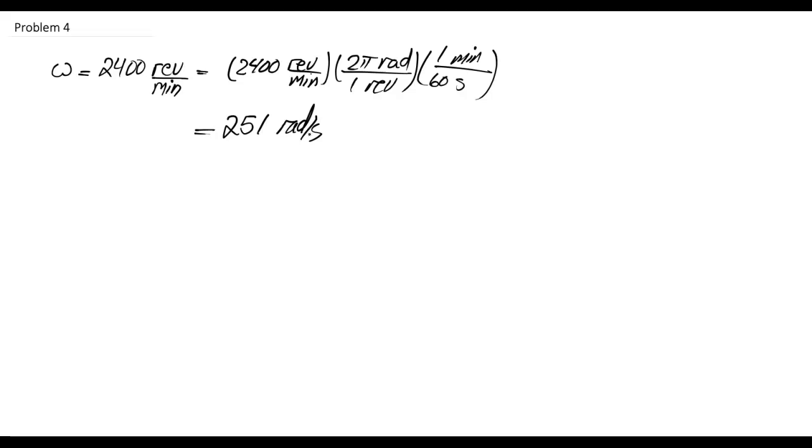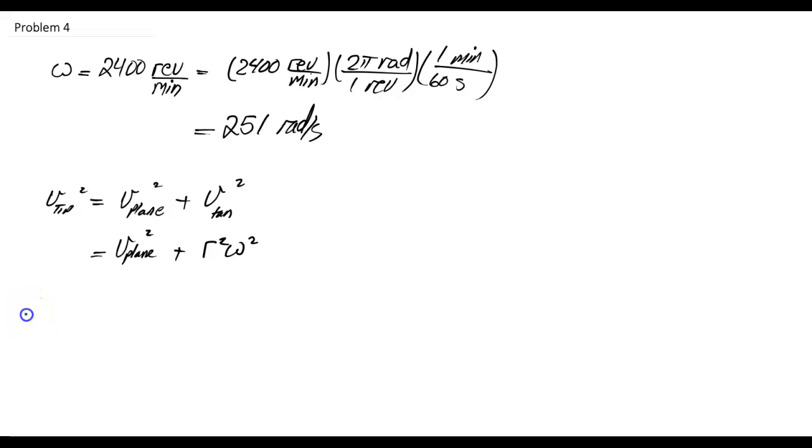The tangential velocity is pointing downwards, so we can say that the velocity of the tip squared equals the velocity of the plane squared plus the tangential velocity squared. So this equals v plane squared plus the tangential velocity, which is r squared omega squared.